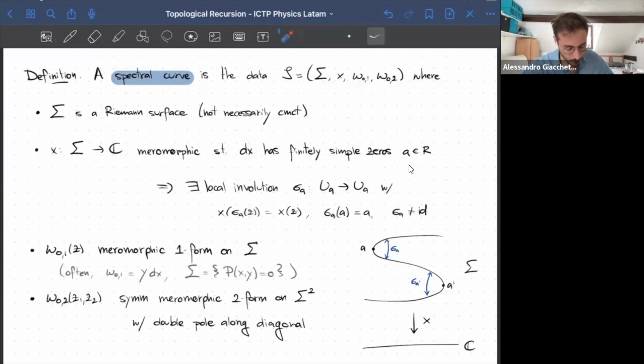So more specifically, x is a function from sigma to C that is meromorphic, and such that dx has finitely many simple zeros that I will call A, and I will call the set of simple zeros R. And here simple means that the second derivative is non-vanishing.